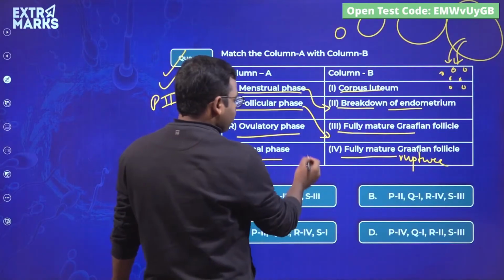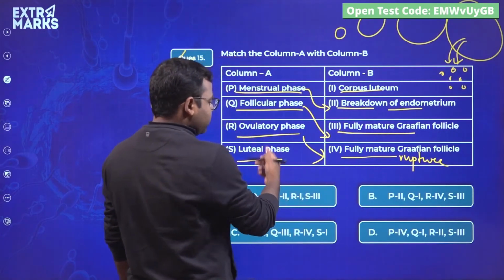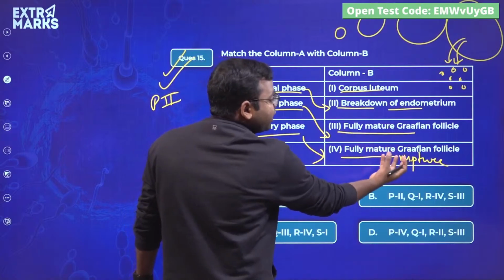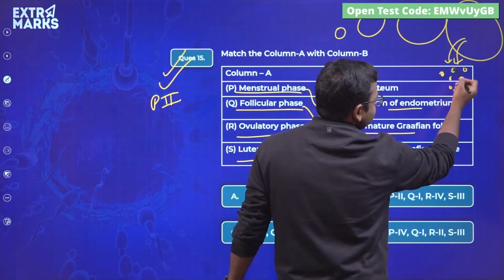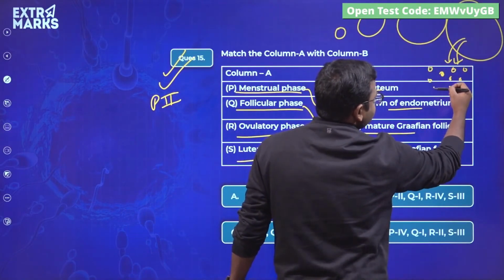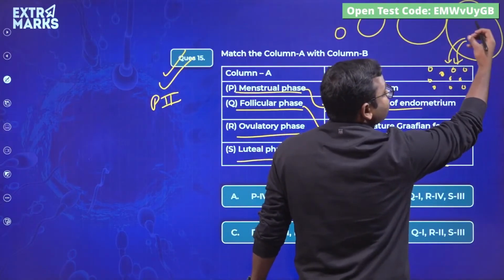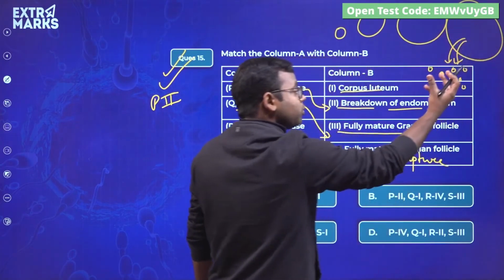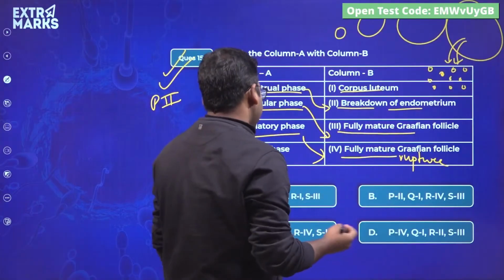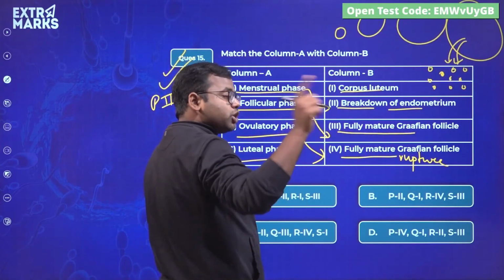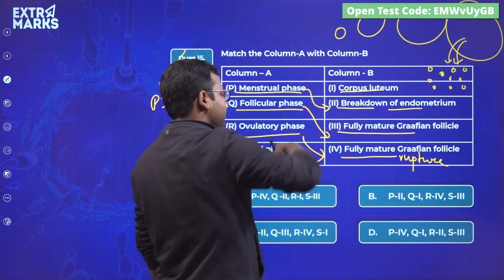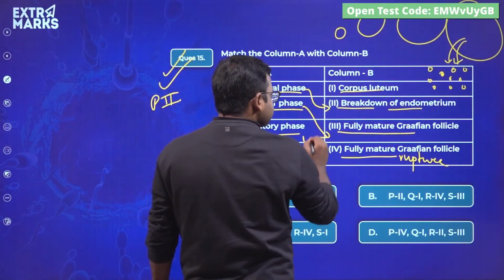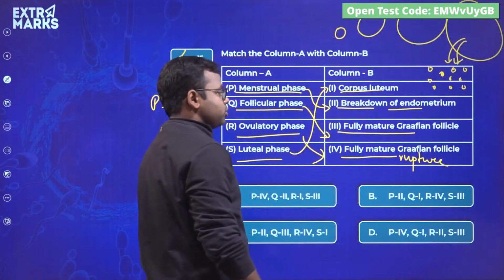So R will go with 4. In the luteal phase, once the secondary oocyte is released, the remainings are converted into corpus luteum. That corpus luteum is going to release progesterone, and that progesterone will revive the endometrium lining again. So for the luteal phase, it is corpus luteum.